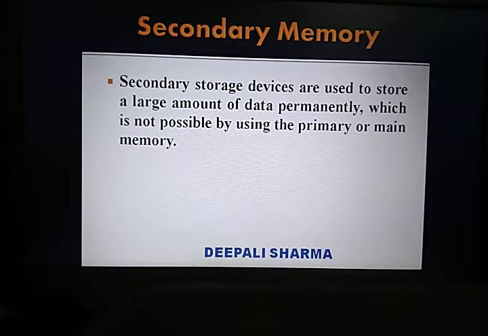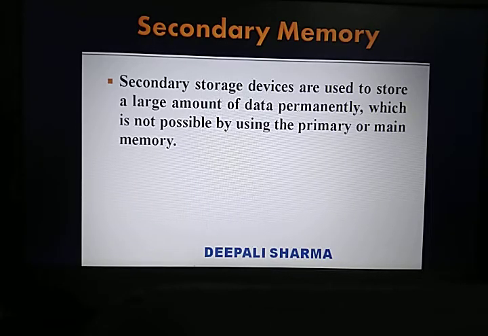Why? Because before saving your work, all the data is stored in your RAM, that is random access memory. And whenever there is a power cut or power failure, whatever work you have done is erased.